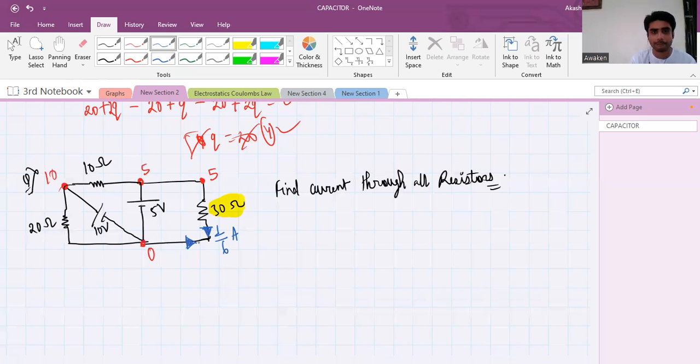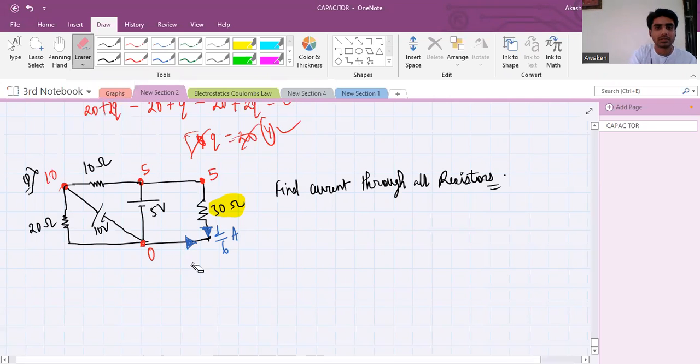Because of the battery, from higher to lower voltage. From 5 to 0 it will flow, right? 5 volt to 0 volt. I've drawn correctly, no? Yes, it's going from 5 to 0. Understood the logic? From higher potential to lower potential.